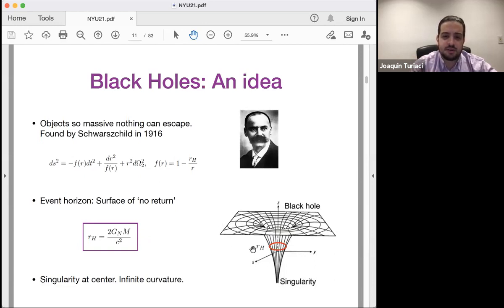The special thing about it is that the matter is so concentrated that it leaves a surface called the event horizon, where if I have a particle here, no matter how hard I kick it, it won't be able to escape. And the size of the surface depends on the mass in this way. And because everything falls, there will be a singularity at the origin.